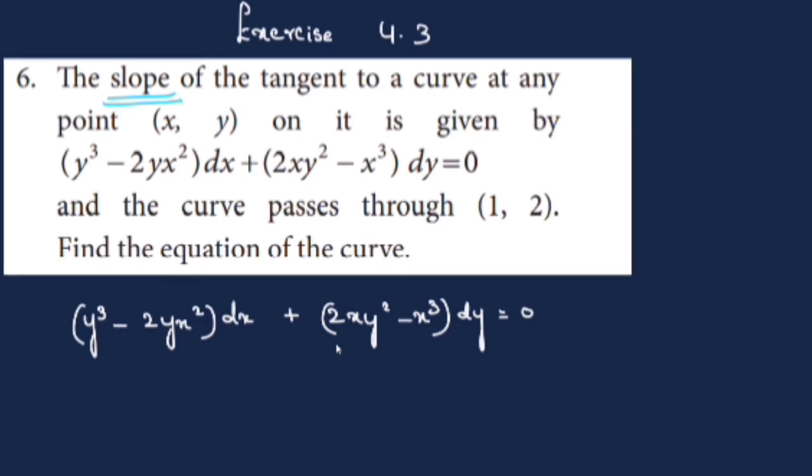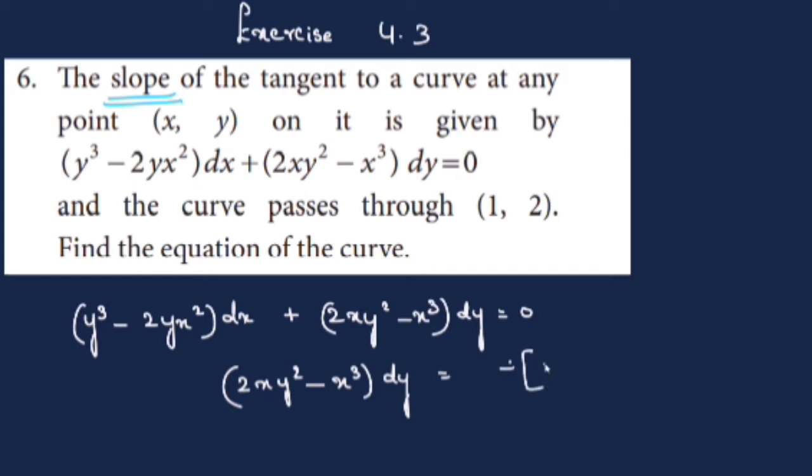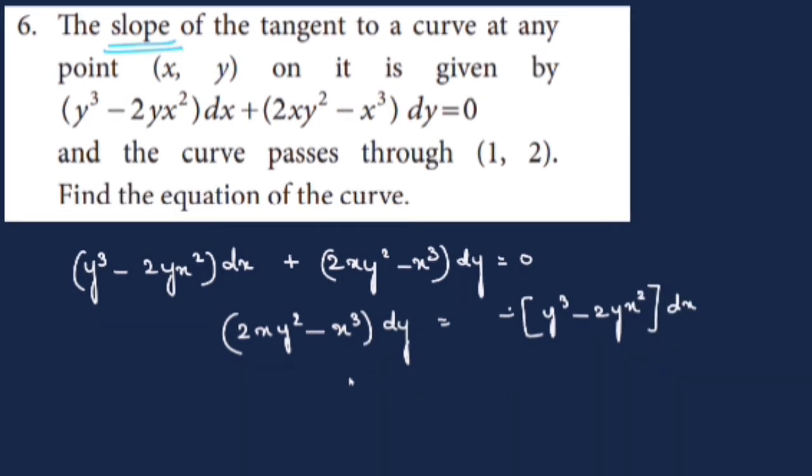To find dy by dx, you keep this term, (2xy square minus x cube) dy, here, and take the other term to the other side. So you get minus (y cube minus 2y x square) dx. So we can find from here dy by dx.